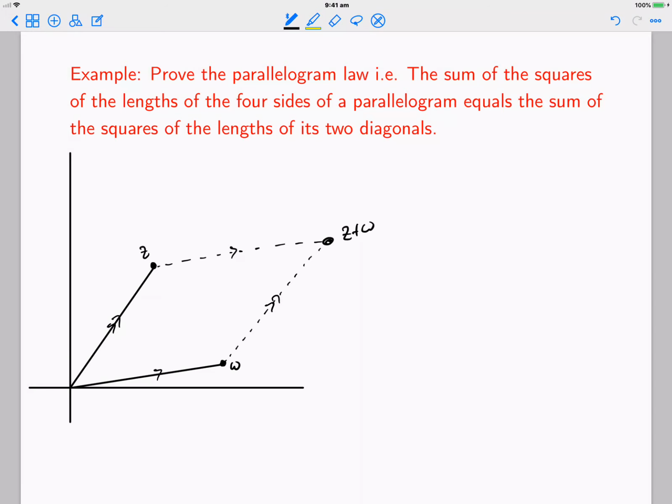Now the length of this edge is obviously the modulus of Z, and the length of this edge is the modulus of W, because modulus just means distance from the origin.